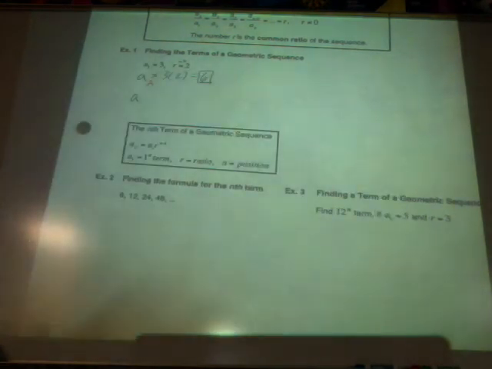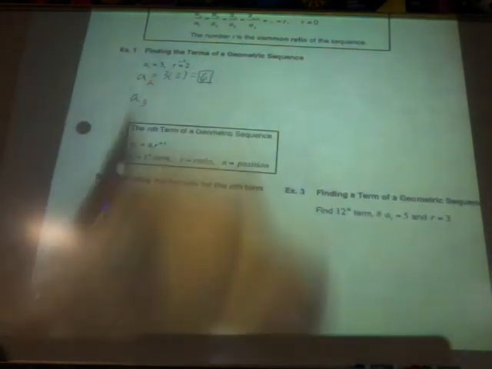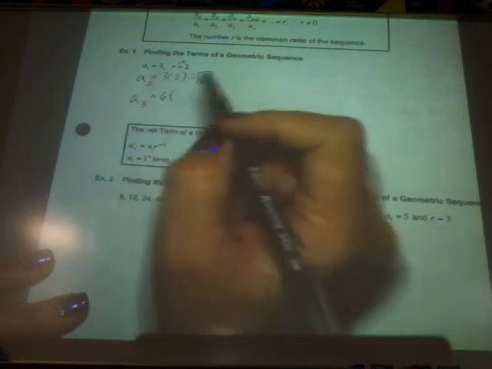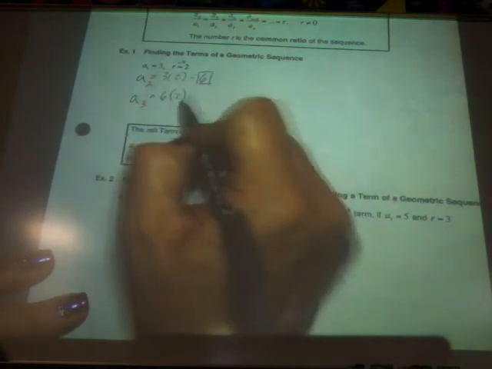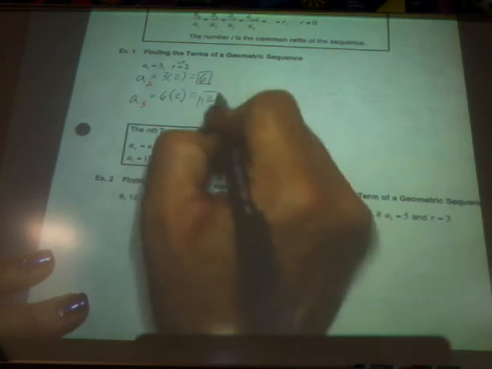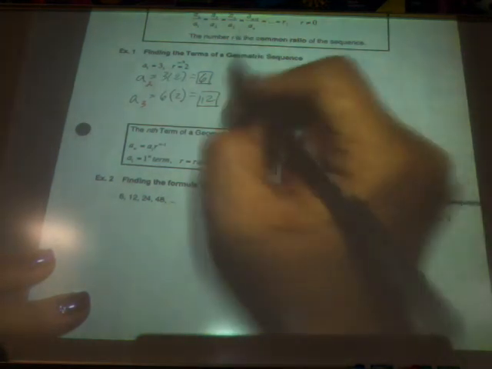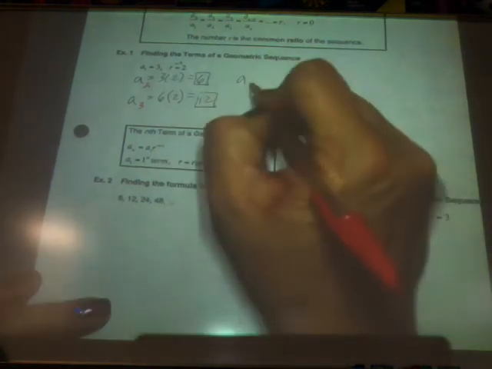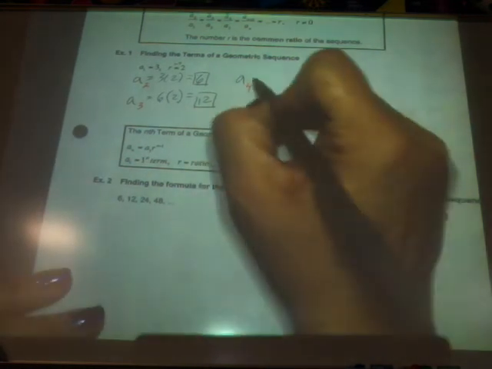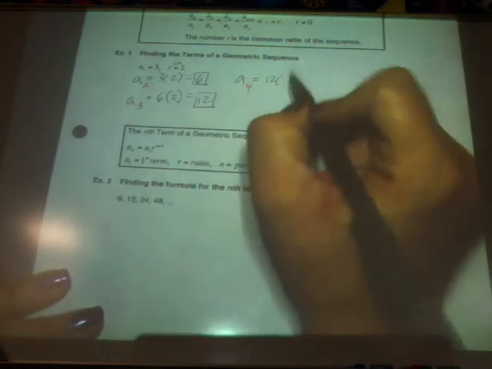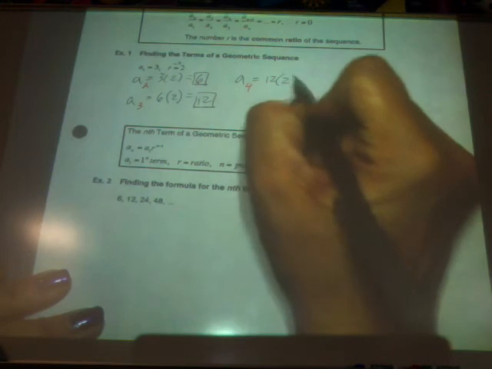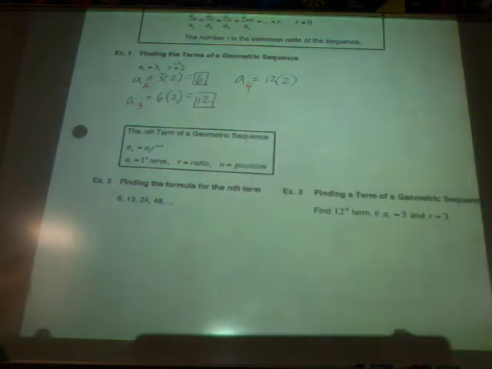Then a sub 3, I'll take the 6 and I'll multiply it by the common ratio of 2. And I get 12. So find 4 and 5. It's almost like a recursive, isn't it? Almost. I guess technically you could write it as recursive.